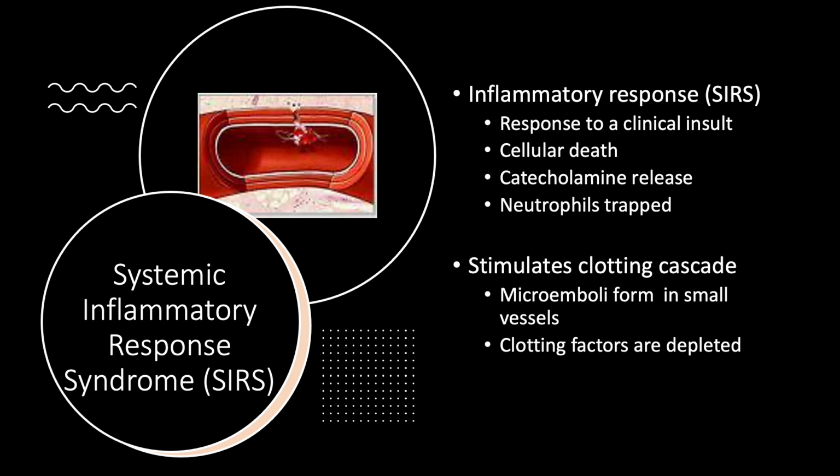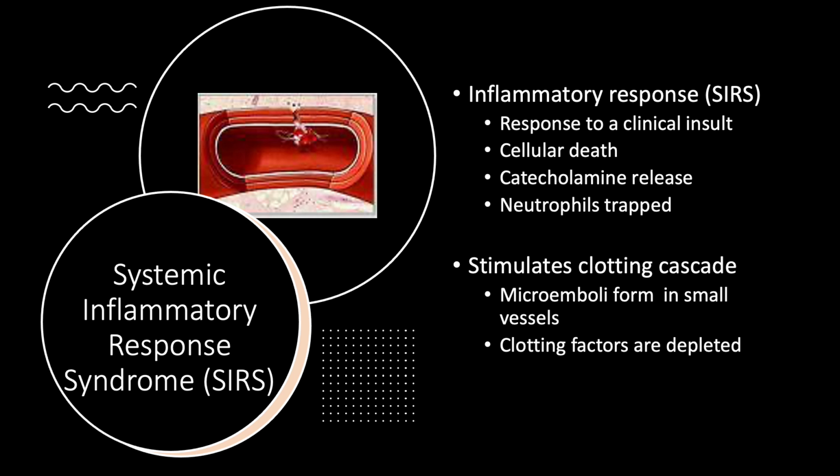In sepsis or also in septic shock, the inflammatory response is triggered by a clinical insult, such as an infection, leading to SIRS, or systemic inflammatory response syndrome. This response includes cellular death, catecholamine release, and trapping of neutrophils, which worsens inflammation.